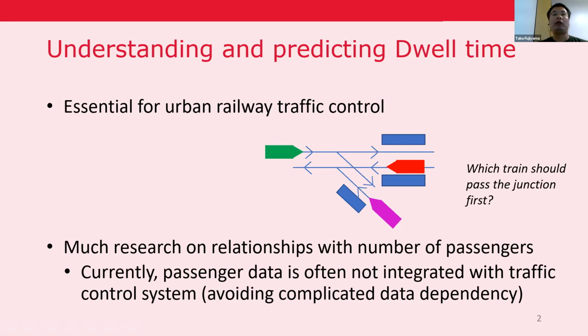But currently, it's not yet done. And one thing I want to say here is that traffic management systems are safety critical systems, so we don't want to increase the interface with other data systems for all sorts of reasons.